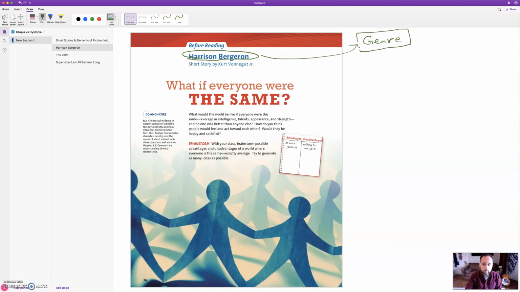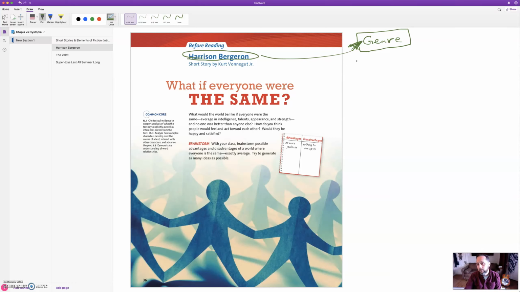We know a few things about the genre. So what you learned in the novel study and with the introductory dystopian fiction lecture will apply to this text as well. So we've got science fiction, right?